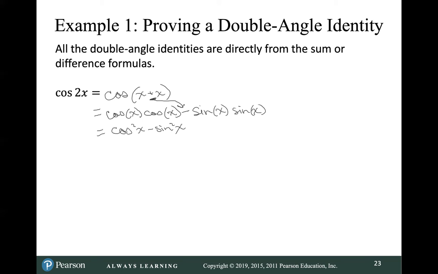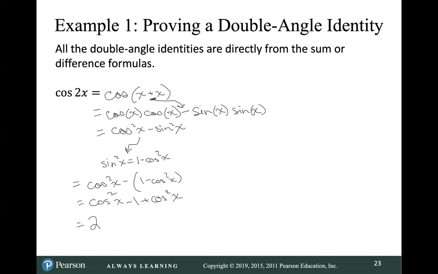Now, using the Pythagorean identity, we can derive the other two. So if I replace sine squared x with 1 minus cosine squared x, I find that cosine squared x minus, in parentheses, 1 minus cosine squared x equals cosine squared x minus 1 plus cosine squared x, leaving me 2 times cosine squared x minus 1.